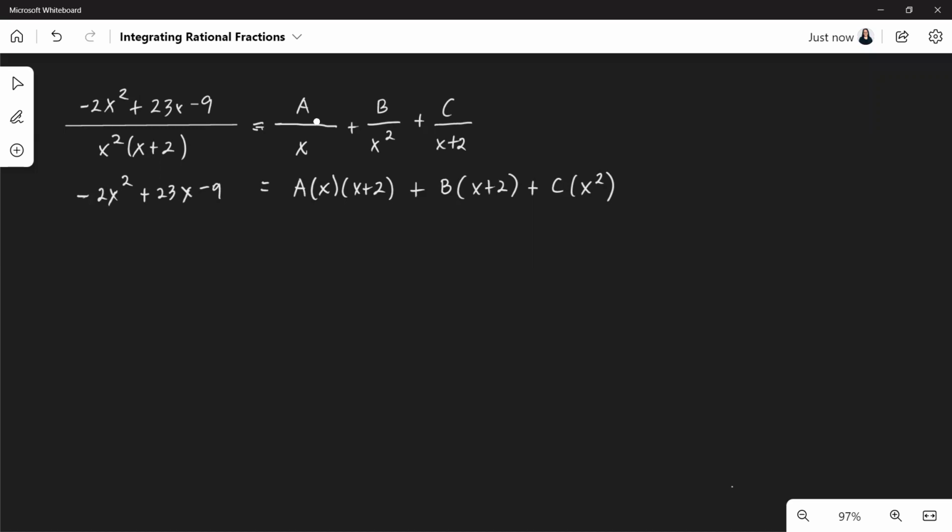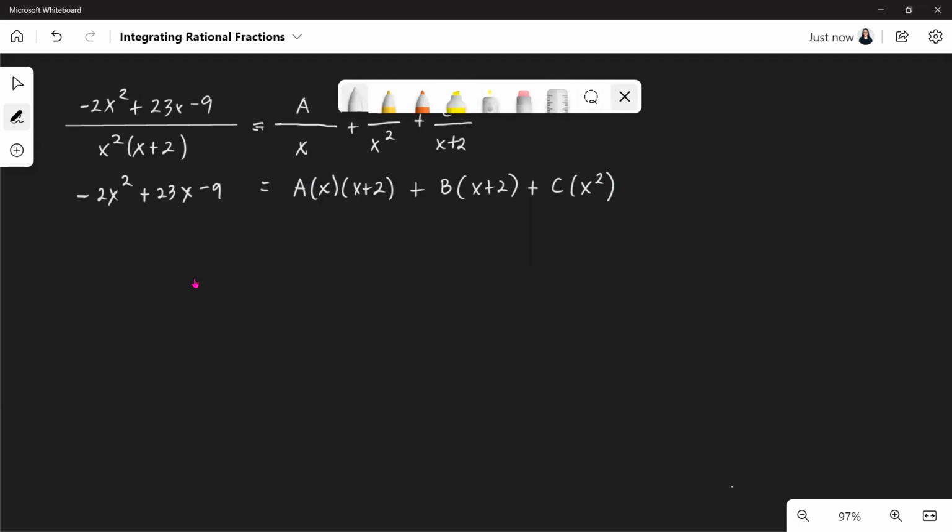Another method is just to express everything as one polynomial. Then we'll be forming at least three equations later. So again, this is another method.